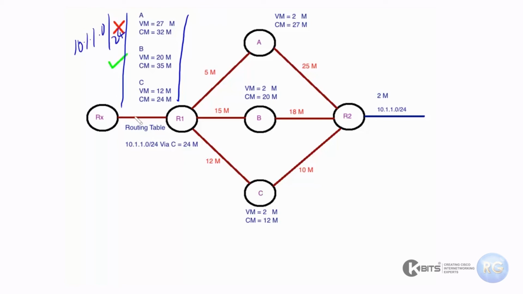Which one does it put in the routing table? It will pick the one that has the lowest composite metric. Which is the lowest composite metric? 32, 35, or 24? 24, right?